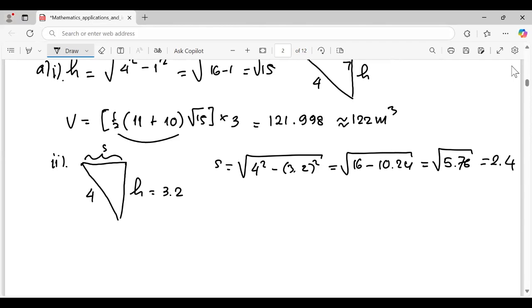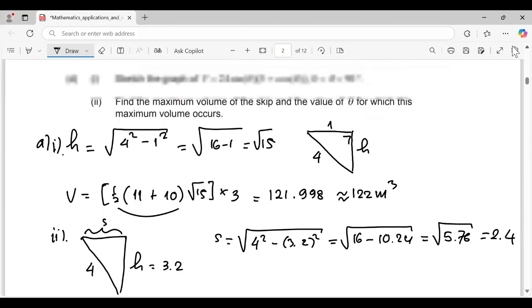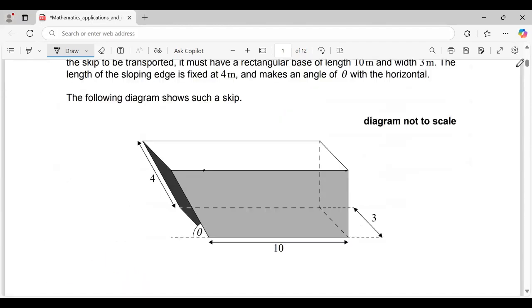It means in this case, this is 10, and this side is 2.4.